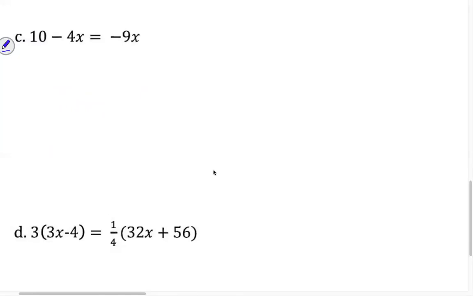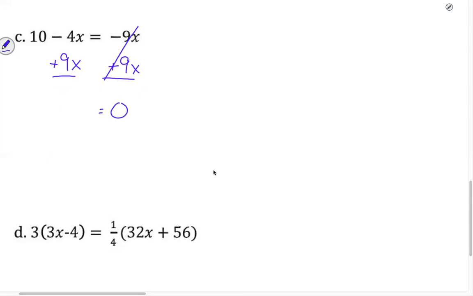So here, my advice was get rid of the smaller x, and we can do that. So I'm going to go ahead and follow my rules of adding 9x to both sides. Now, I'm getting some oofs from the crowd. That's okay. All right, so on the right-hand side, I have 0. And this is where it's confusing to kids because they cancel out.